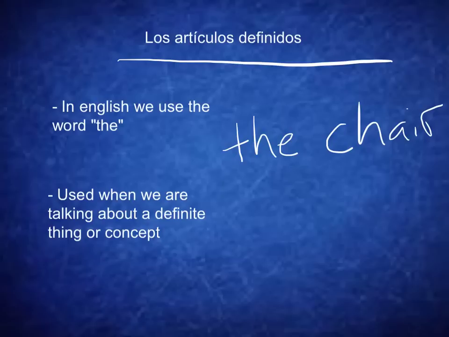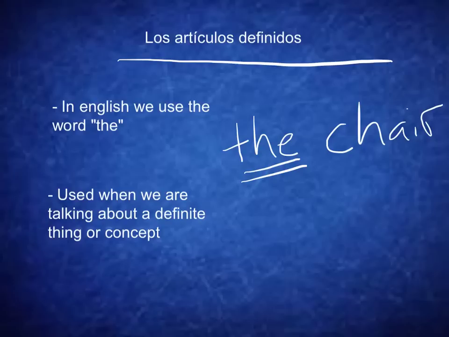Chair is the noun, but the, right here, that is what we call the definite article in English. It's an article. But in Spanish they're going to be a little bit different. It's the chair, the desk, the desks. It doesn't matter if it's singular or plural. It's pretty much just the. In the definite articles. Indefinite, we'll get to later.